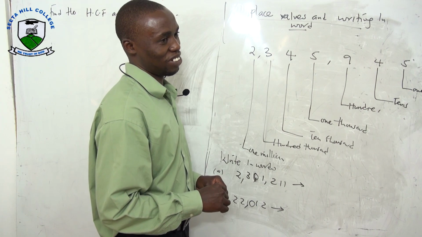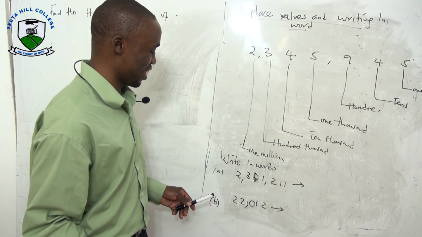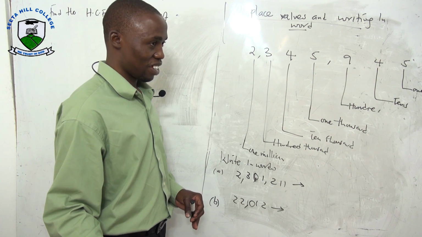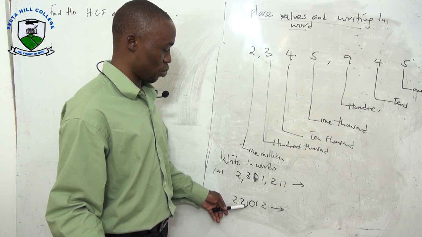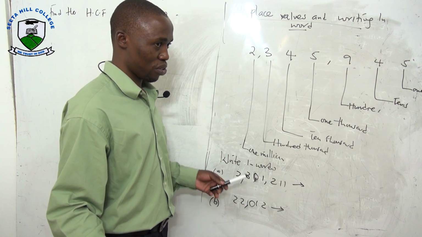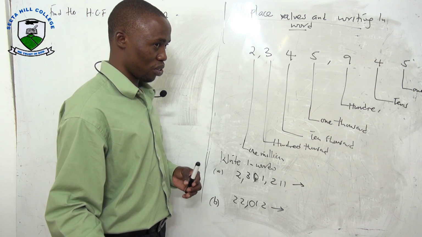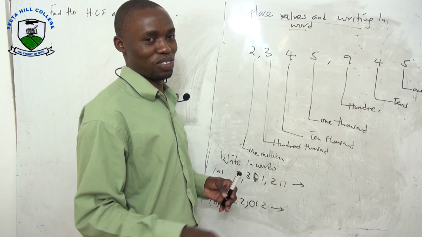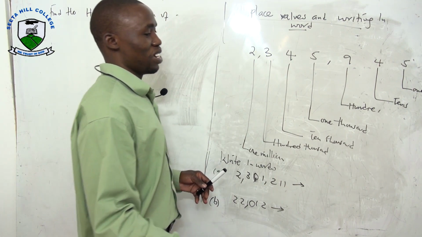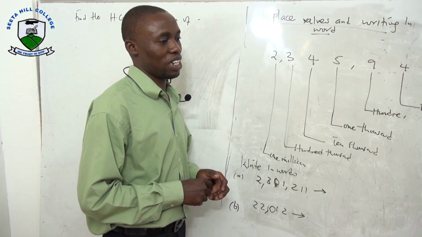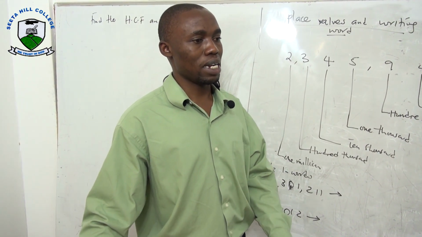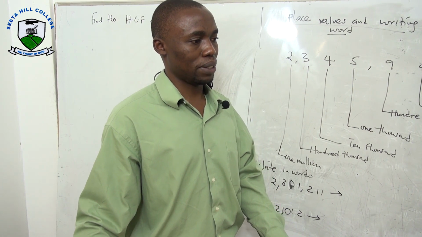Oh, it's very simple now, I can see. What is this? 22,012. I will not waste time on reading in words. Let us shift very fast to integers or directed numbers.